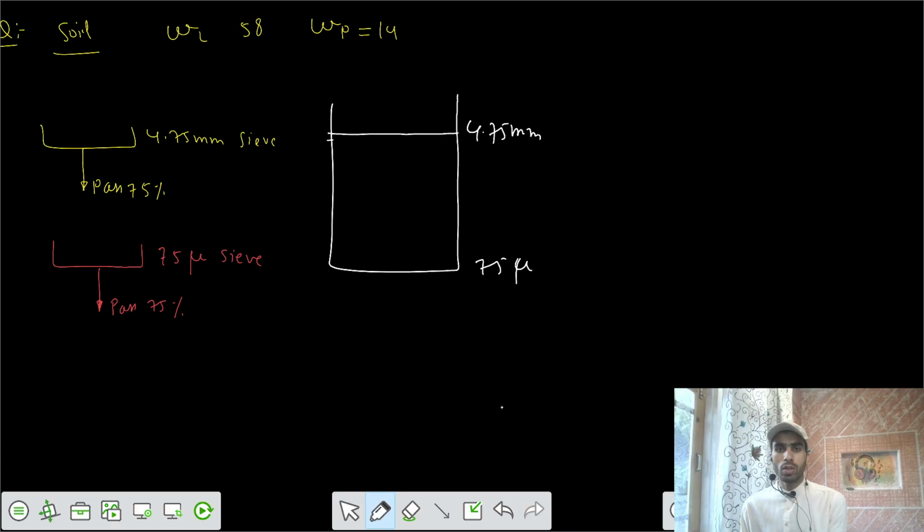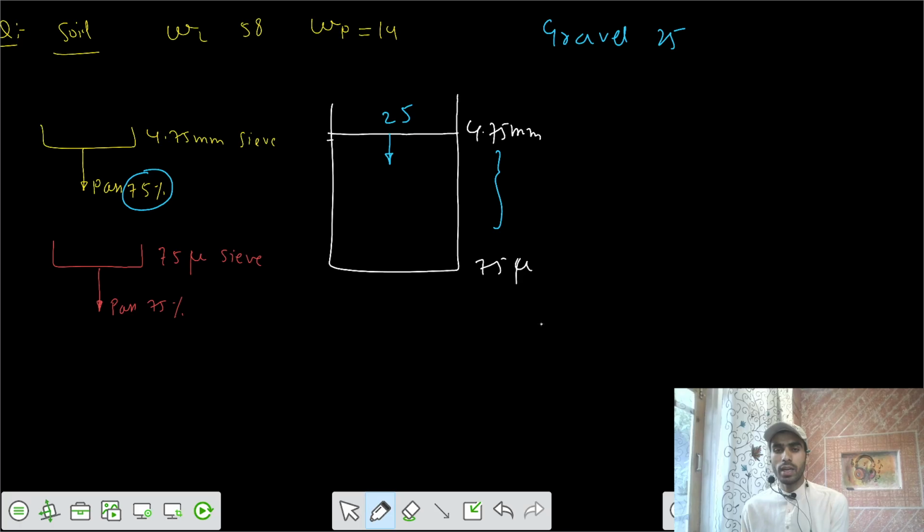That means out of the total 100% of the particles, 25% are retained on the 4.75 sieve. That means your gravel percentage is 25. Once it passes, what is retained in the range 4.75 mm to 75 micron?